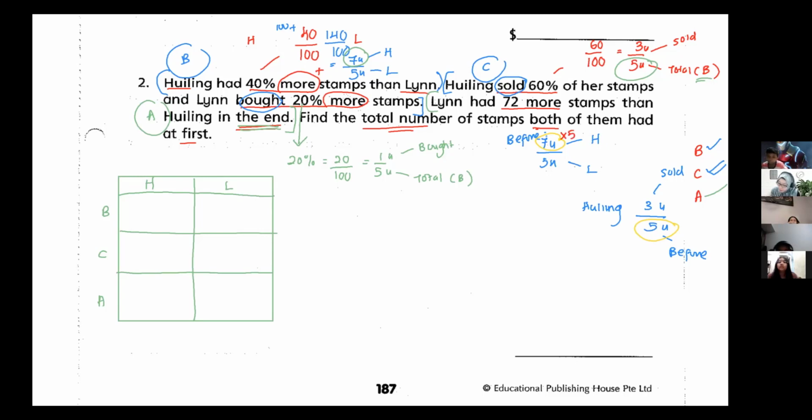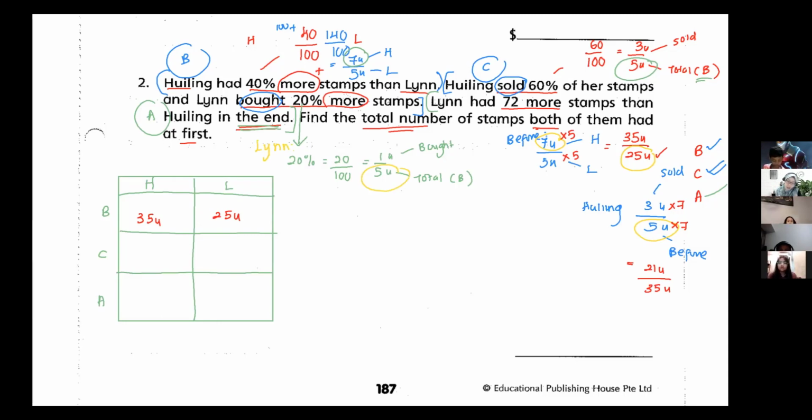So here times 5, here times 7, here times 7, here times 5. Whatever you do to the numerator, the denominator must do the same. This will be 35 units over 25 units, and this will be 21 units over 35 units. So Hui Ling's before is actually 35 units, and Lin's before is actually 25 units. Now this is Lin's before, and this is also talking about Lin, right?